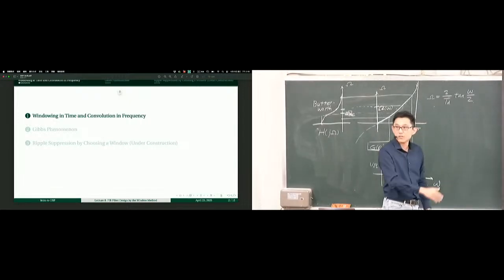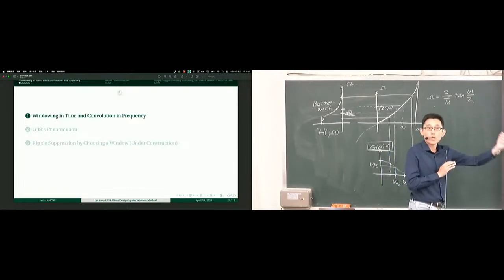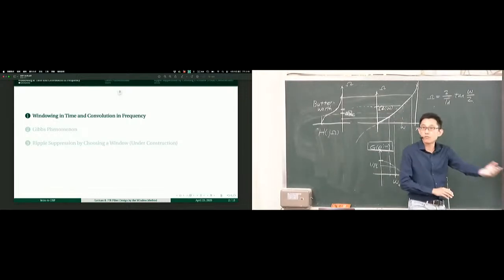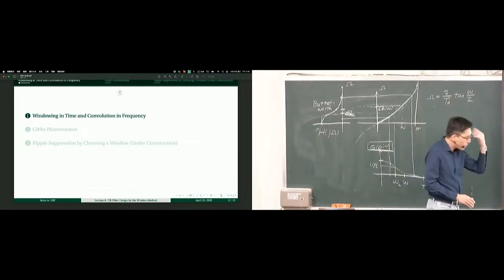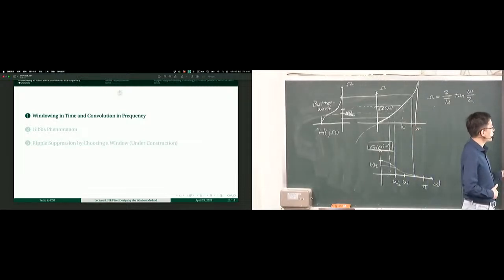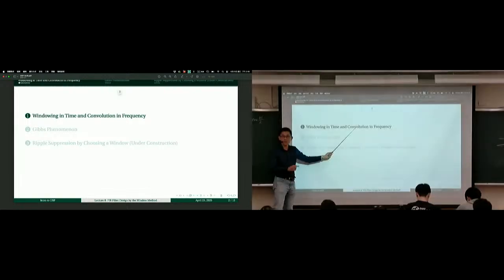Please still keep in mind that the result of our design is still an impulse response, which is supposed to convolve our input signal in the time domain. But when we design the filter, we apply multiplication in the time domain during our design. Okay? And the consequence is convolution in frequency. This we do know.